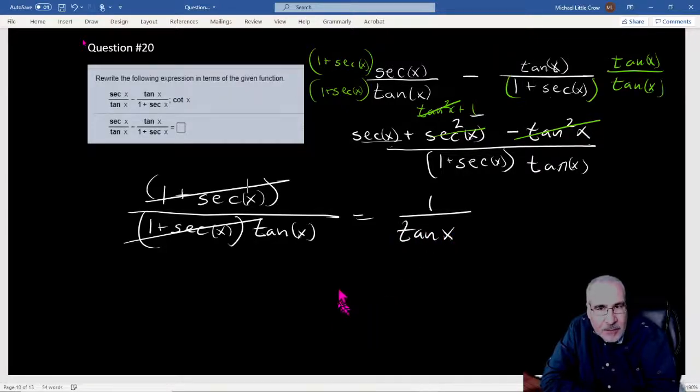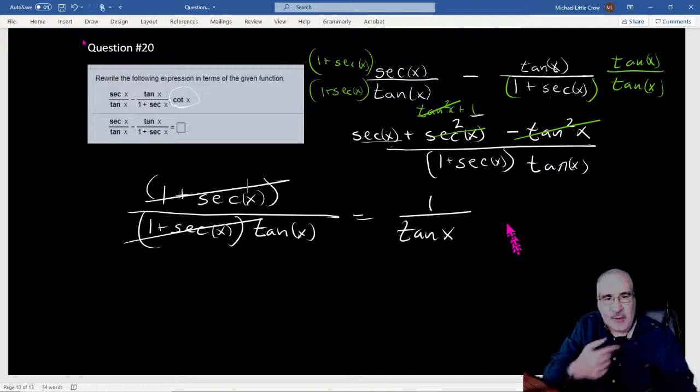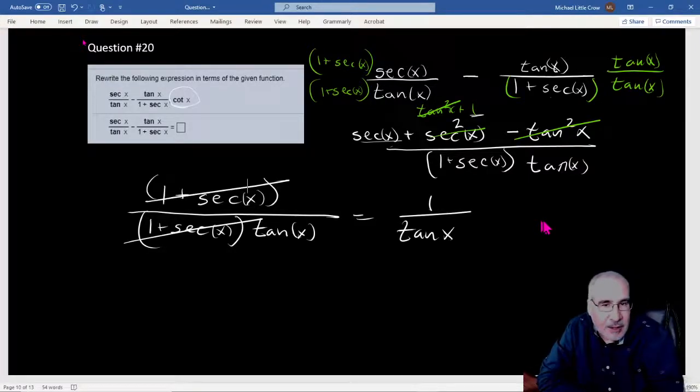tangent x. We're looking to get everything rewritten in terms of cotangent x. Well, 1 over tangent x is the reciprocal, cotangent x. Does that make sense? Because the reciprocal of tangent is cotangent, so 1 over tangent is equal to cotangent.